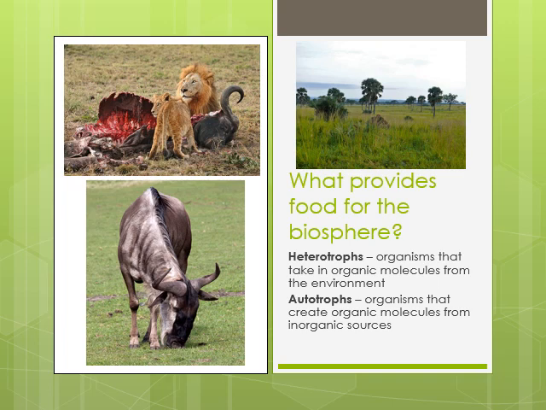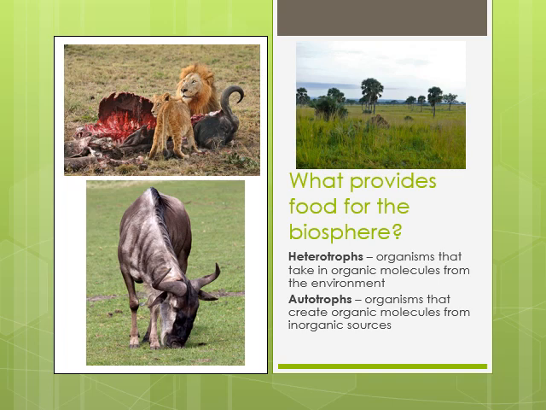As far as a heterotroph, this lion up here, what's the lion eating? A wildebeest? Is it a heterotroph or an autotroph? It's a heterotroph. It's taking in organic molecules. Over here we have grass. Is grass a heterotroph or an autotroph? Autotroph. It's taking in inorganic molecules, taking in carbon dioxide, and converting it to sugar.